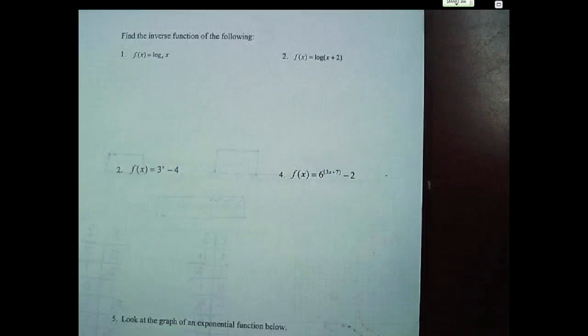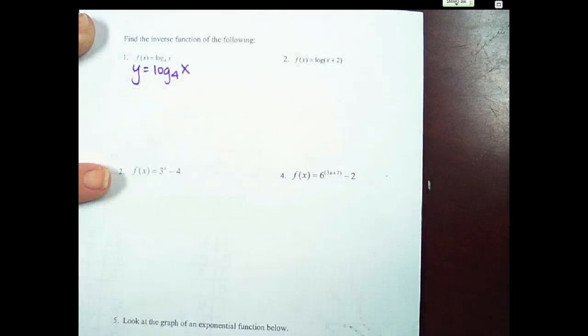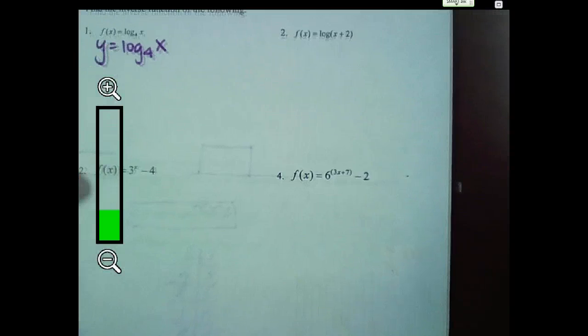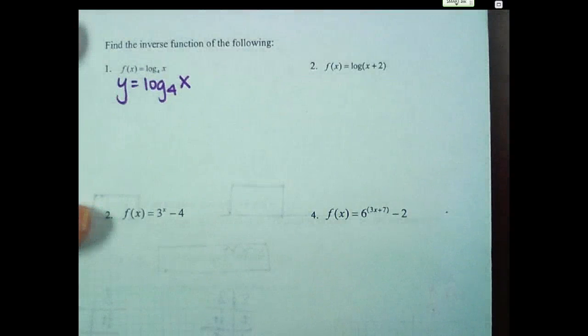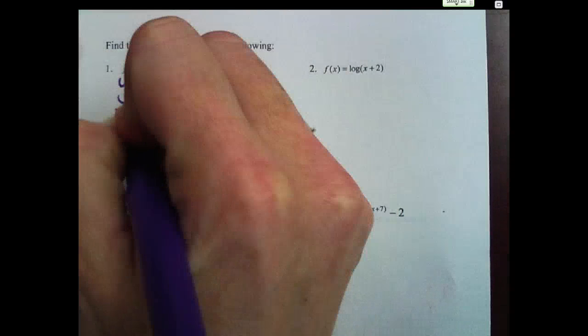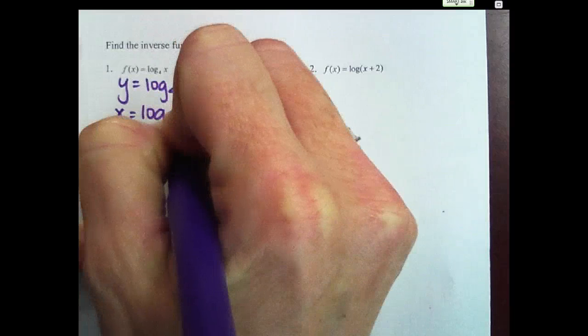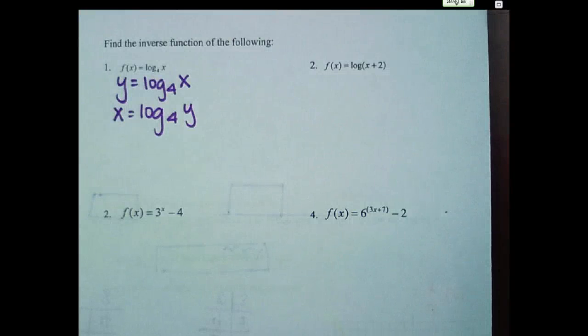Right now what I have is y equals log base 4 of x. If I find the inverse, I'm going to switch the x's and y's. Then I want it to say y equals instead of x equals, because currently it's solved for x, not solved for y.